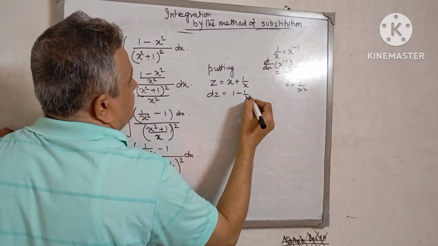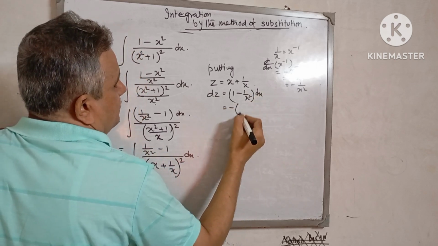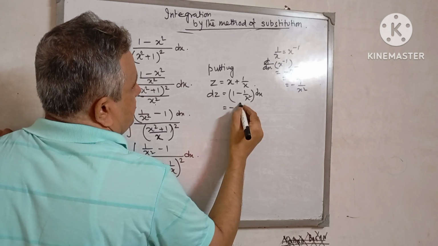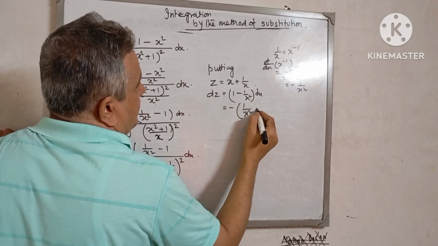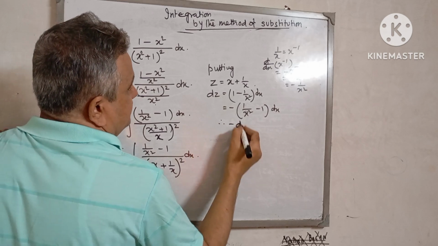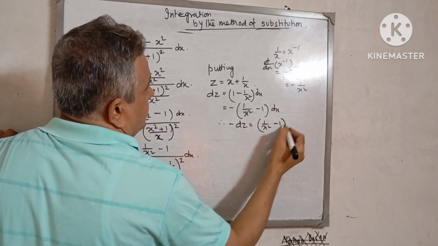So minus dz is equal to 1 by x square minus 1 dx.